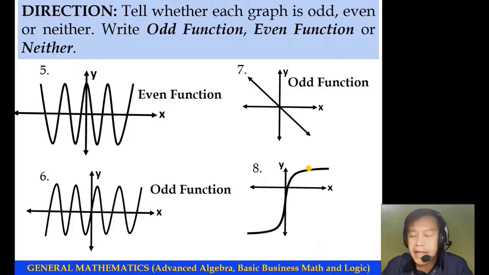Number 8, the graph is a curve which is symmetric with itself, but the point of symmetry is not the origin. That is why this is not an example of an odd function nor an even function. And our answer here is neither.